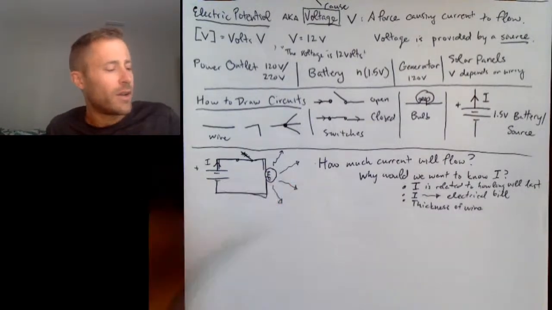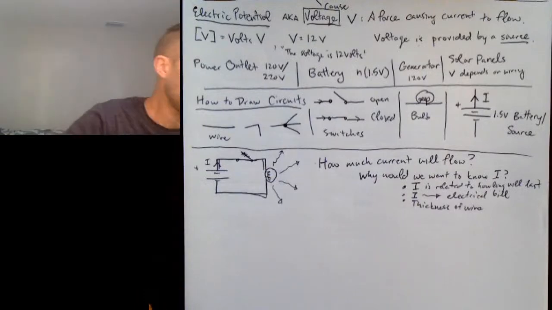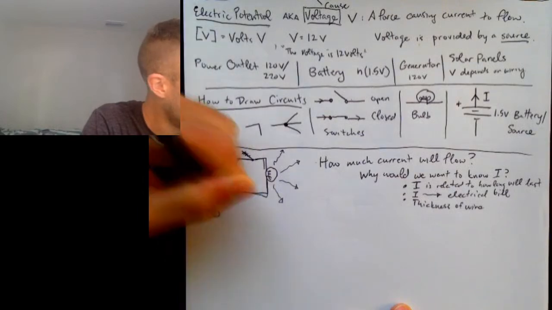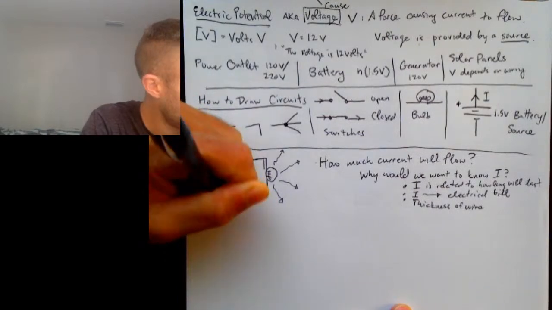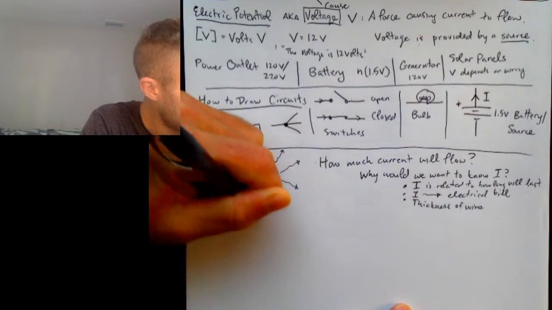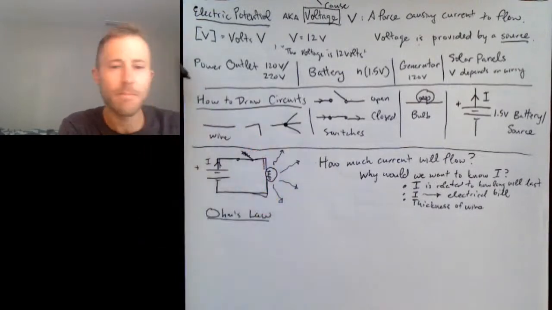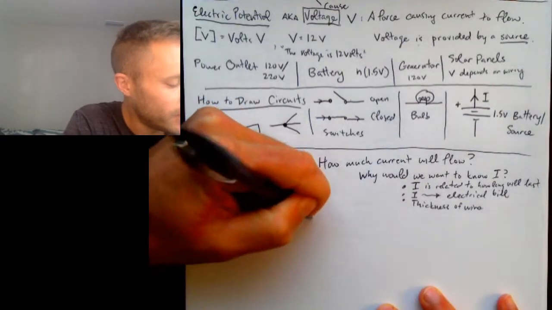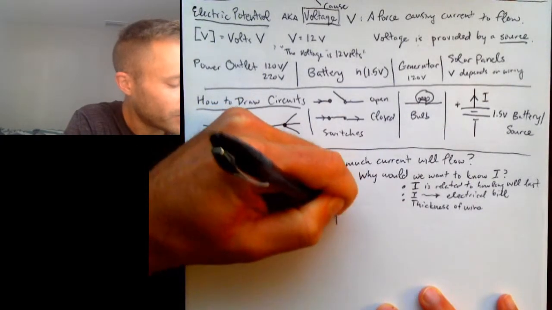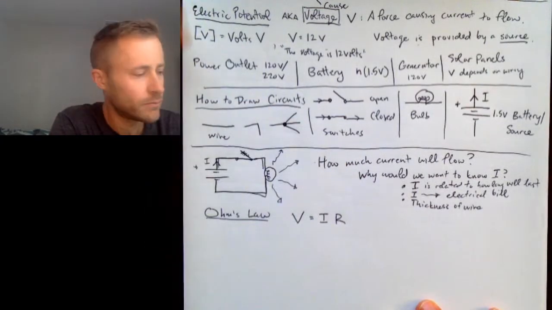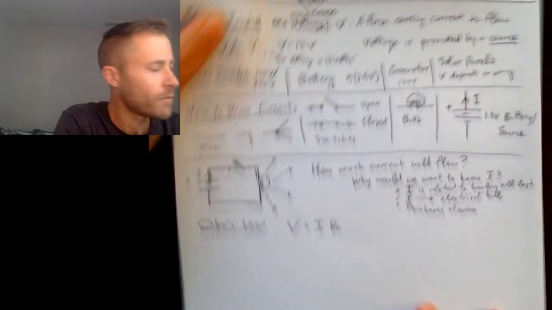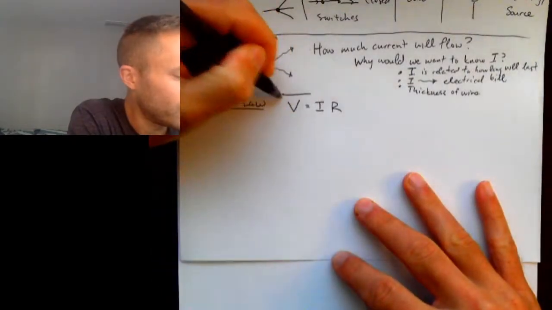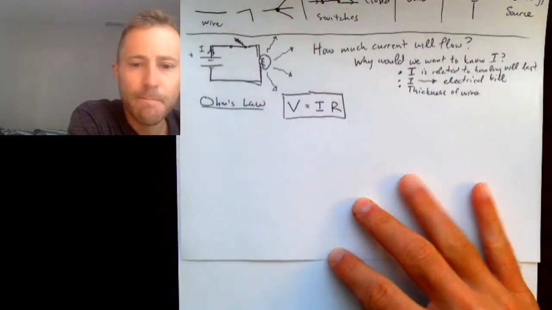So how do we calculate how much current will flow? And we do that using something called Ohm's Law. Okay, and Ohm's Law is V equals I times R. So this is one of our main equations for today.